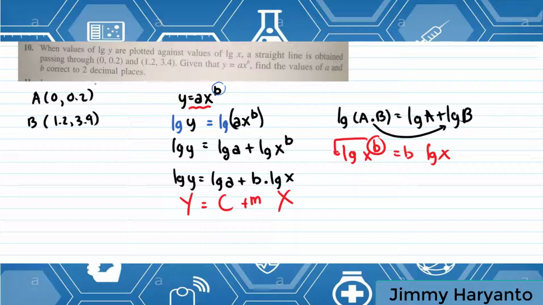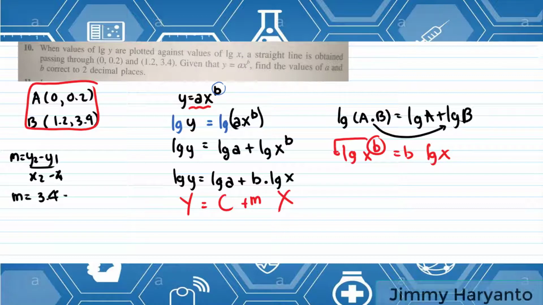And then from these points we can find the gradient. Gradient is y2 minus y1 over x2 minus x1. So the gradient will be y2, 3.4, minus y1, which is 0.2, over x2, 1.2, minus x1, which is 0.